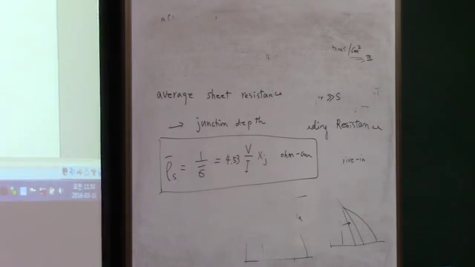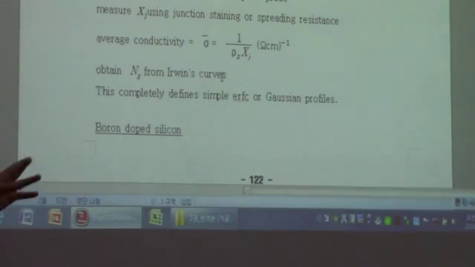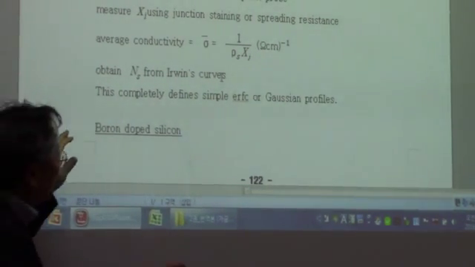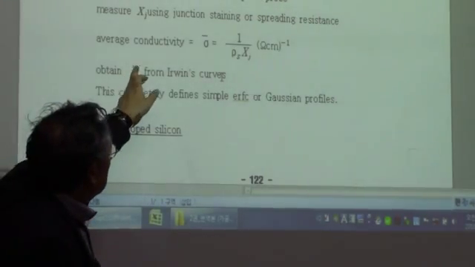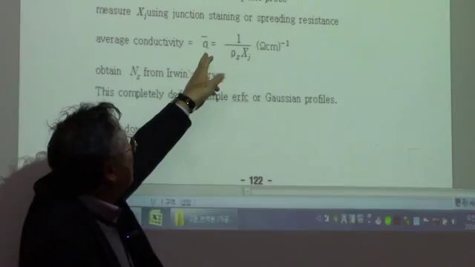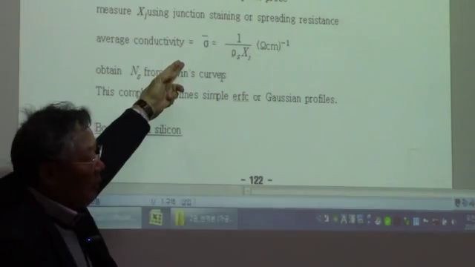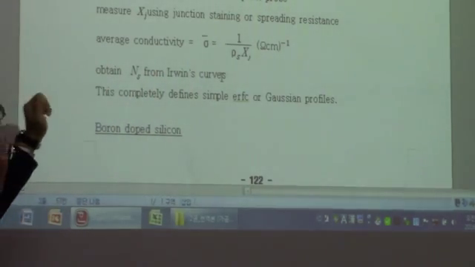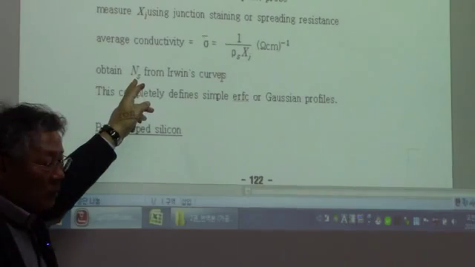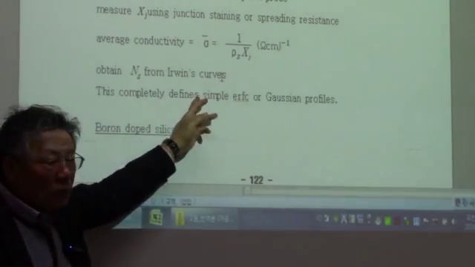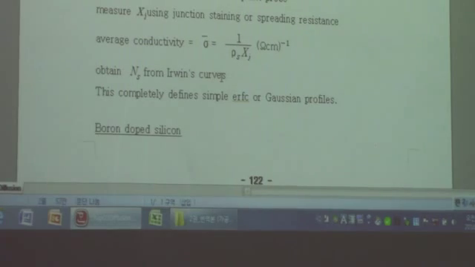And then with this average conductivity, we can get the surface concentration from the Irvin's plot. These plots are available in the notes. That plot is a relationship between the surface concentration and the average conductivity. So we measure the average conductivity in this fashion, and then we relate that to the surface concentration through the plot. Okay?